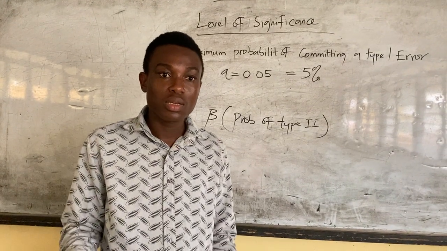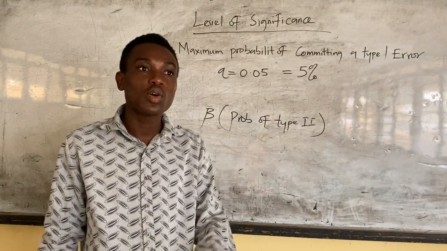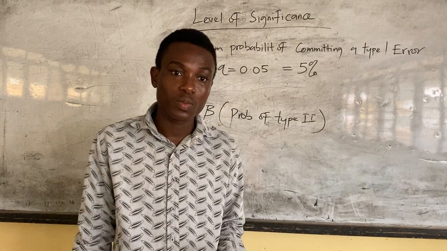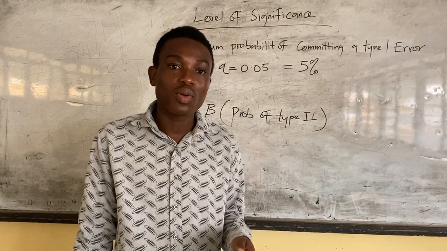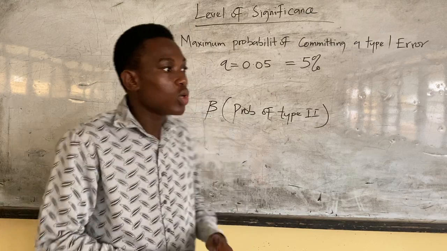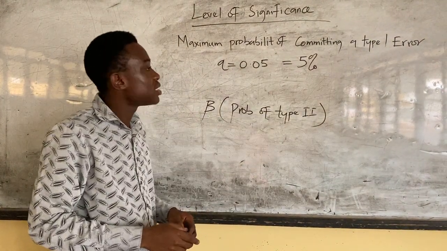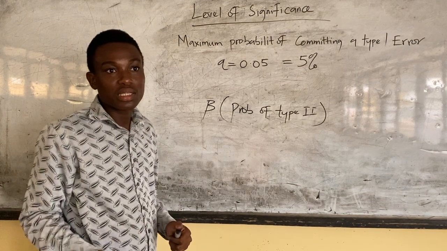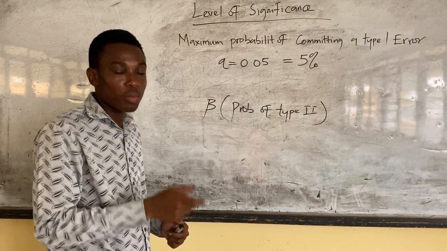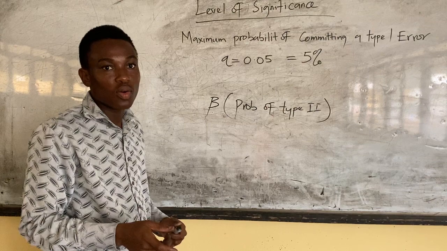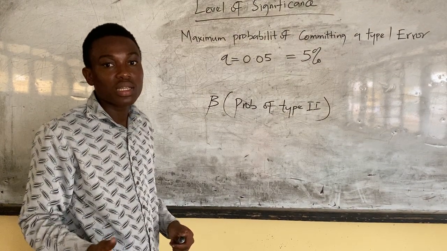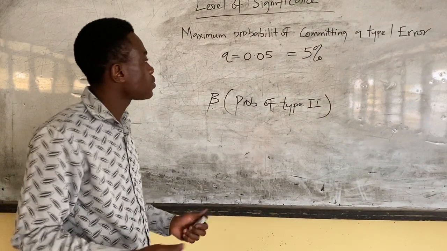That's what it means, because the A is the probability of committing a type 1 error, the maximum probability of committing a type 1 error. So if your A level is 0.05, what it means is that there is a 5% chance that you are likely to commit a type 1 error, or you are likely to reject the null hypothesis when it is true.